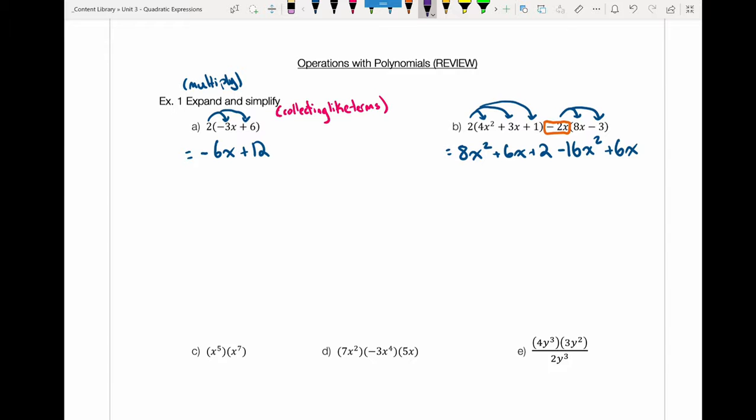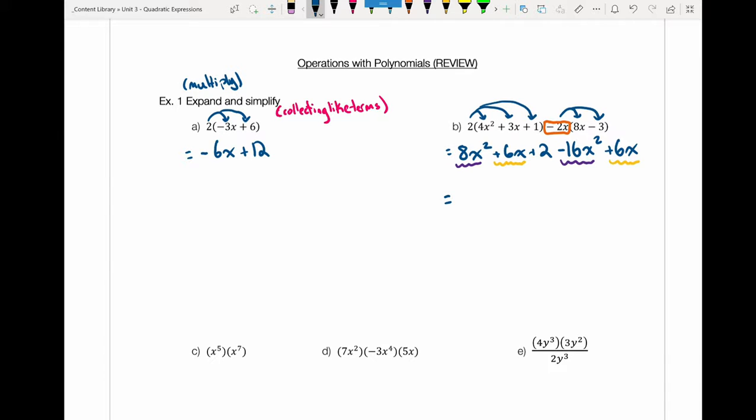Now I've expanded. Now I need to collect my like terms. So I see that I have some x squareds. Remember to take the sign in front. So in this case, the negative 16x squared and positive 8x squared. I also see that I have some terms with x, and then my only constant on its own.